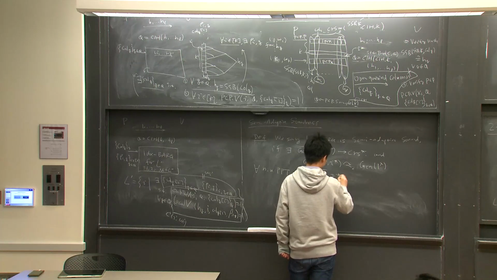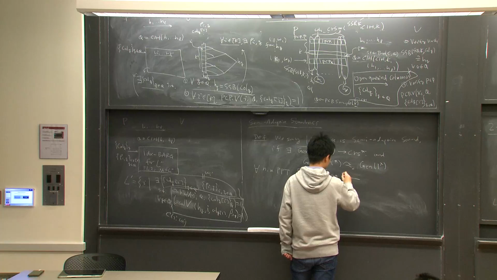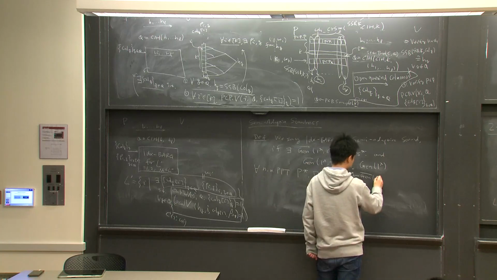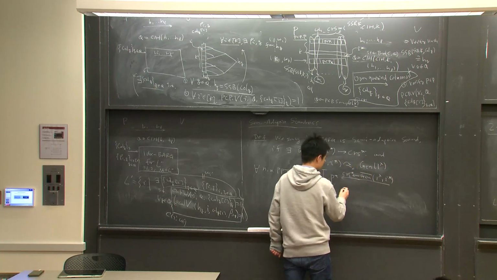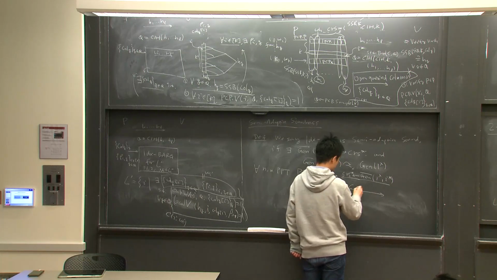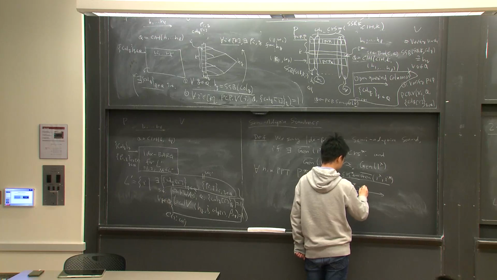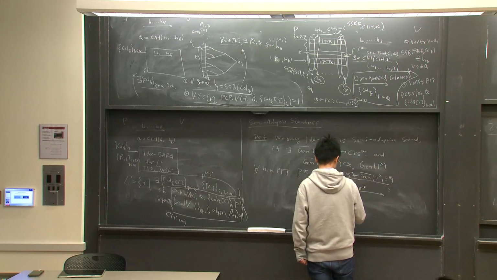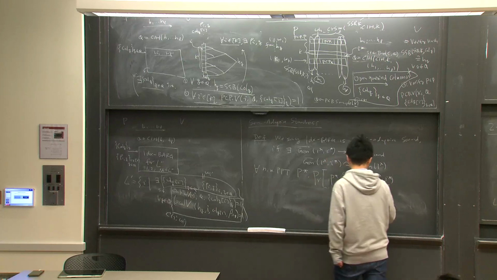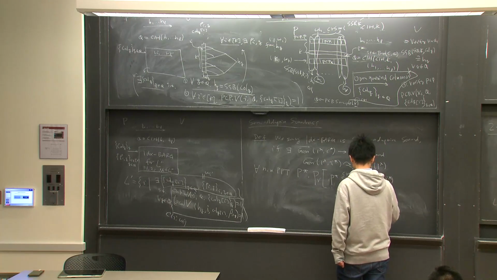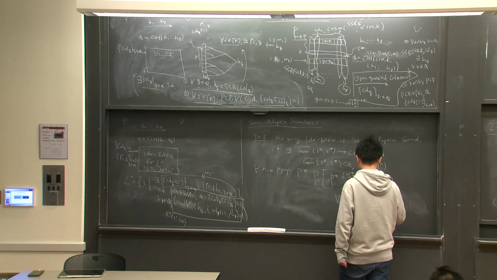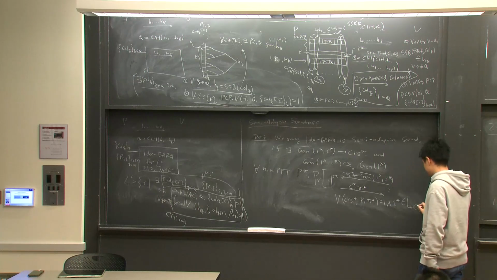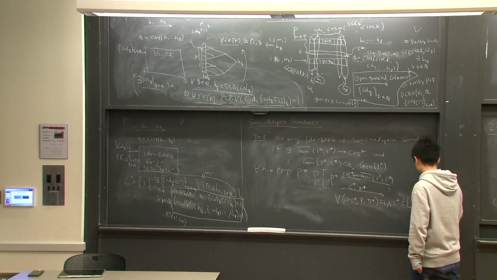When P star receives the CRS generated by this generator star, it can choose a maliciously chosen relation circuit C star and a pi star, such that the probability that the verifier accepts, and the I star's instance is not in the relation circuit defined by this C star, is negligible.